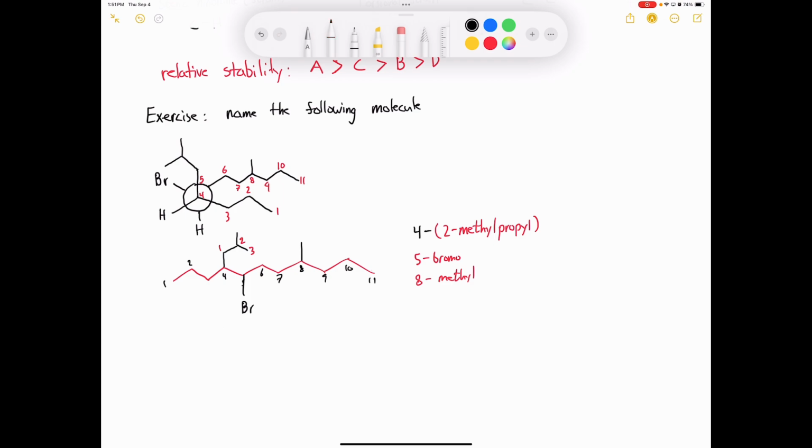We get 5 bromo, 8 methyl, 4 parentheses 2 methyl propyl. What's the parent name? What's 11? You remember? Undecane, thank you.